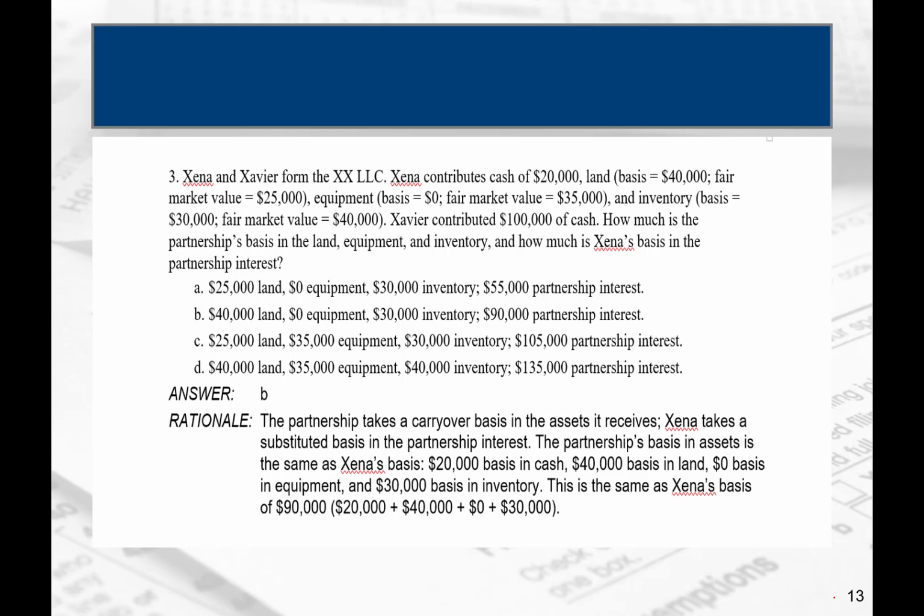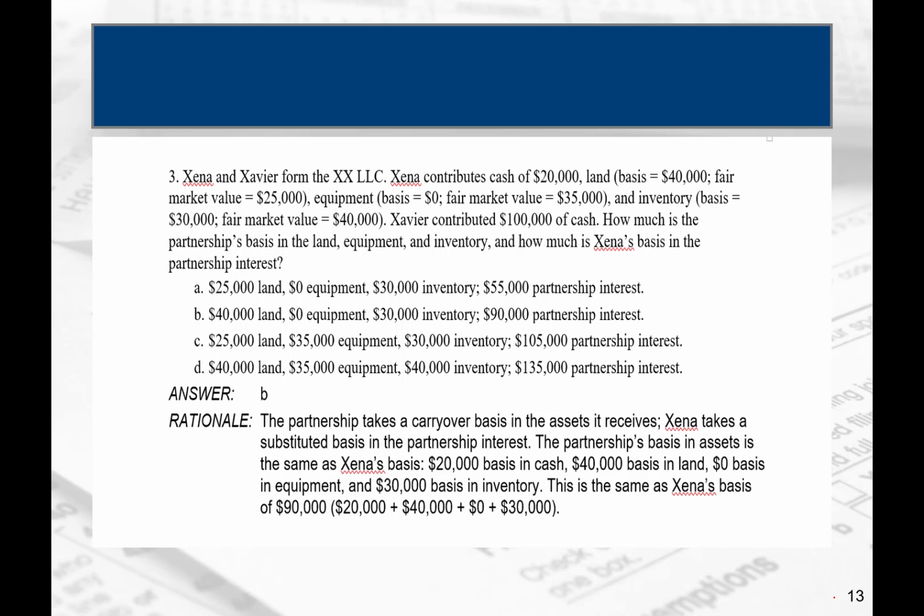Because they asked me what is Zena's basis? And Zena is going to bring in her what? Her basis on all of these. And she's going to get back that in her partnership, as the basis in her partnership interest. So it's the $20,000 of cash.